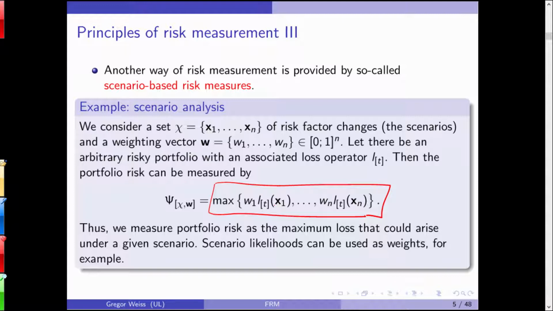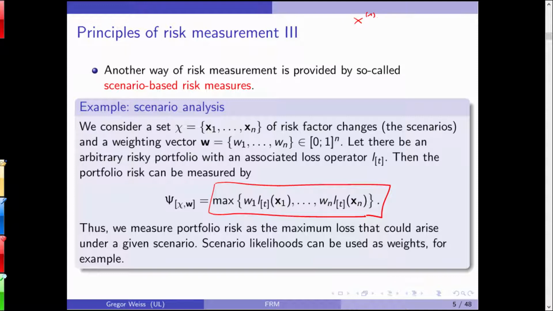What does it mean? Remember, we saw in the part on risk mappings that we are not so much interested in changes in the financial position itself, but in the end it all boils down to changes in risk factors. And those changes in risk factors, those were X1 and X2. We now assume, for example, that we have a function with two risk factors.